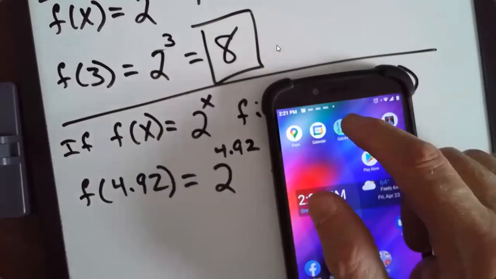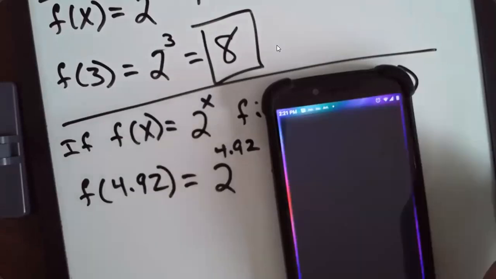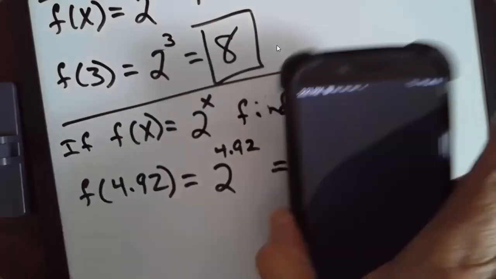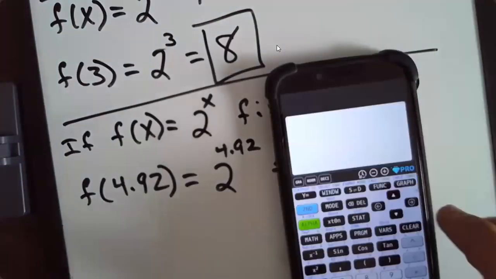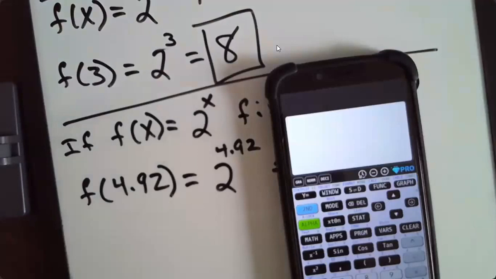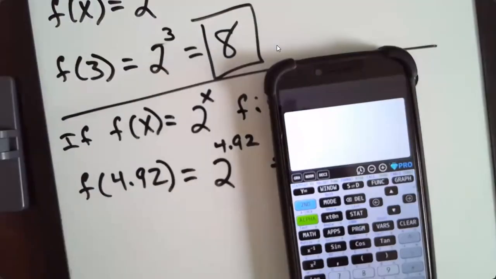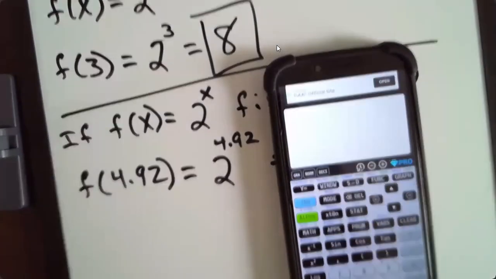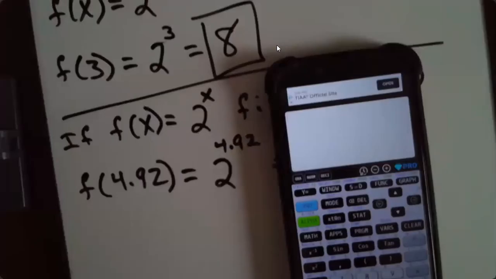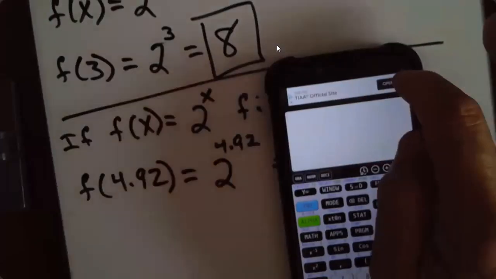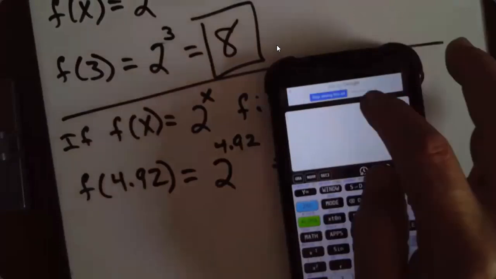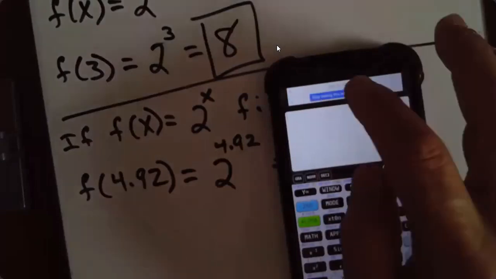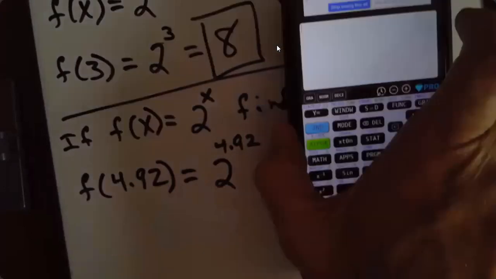So I'm going to go to my TI-84 calculator, and here we go. Okay, and I gotta darken this a little bit so you can see it better. There we go.